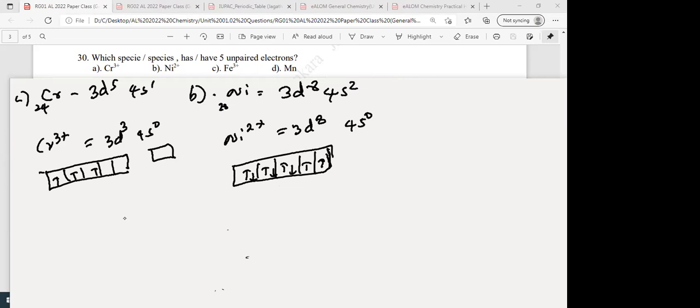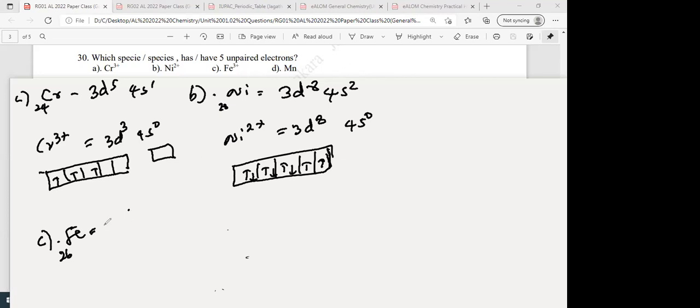Then I'll go for the next one, iron. Iron, what is the atomic number? Atomic number 26. I'll write only the outermost shell, no need for the inner shells. Iron is 3d6 4s2.